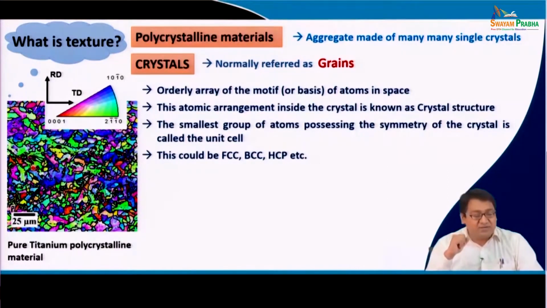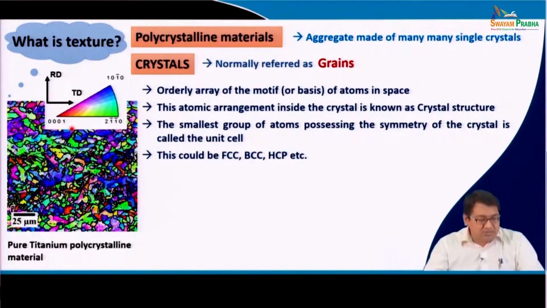They are shown in different colors because they were taken from SEM, scanning electron microscopy based electron backscatter diffraction technique, which is basically a quantitative microscopy. These colors are not random colors. These colors represent a specific orientation, that is the specific crystallographic plane perpendicular to the screen.